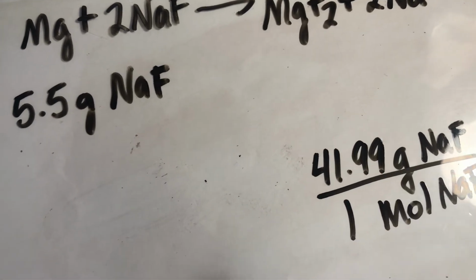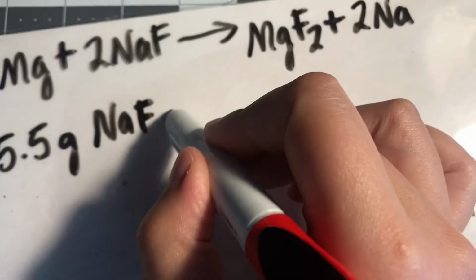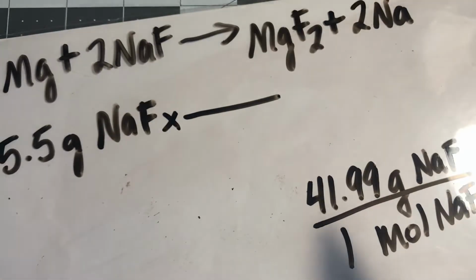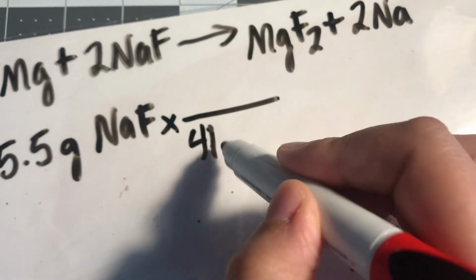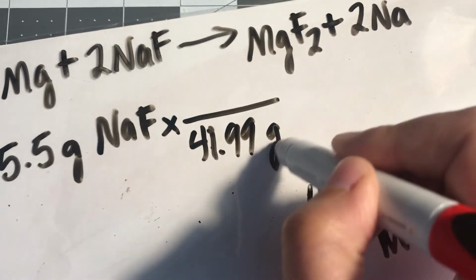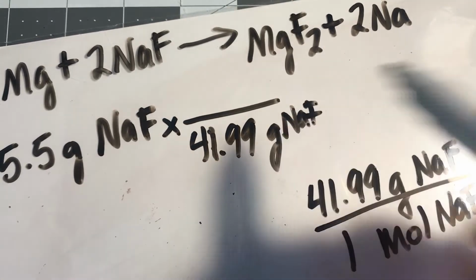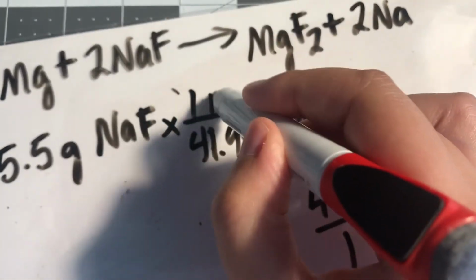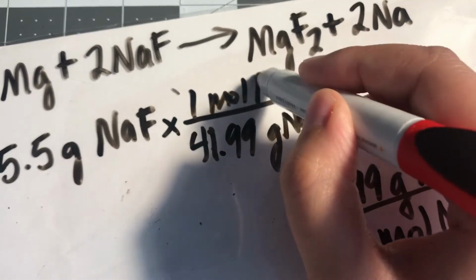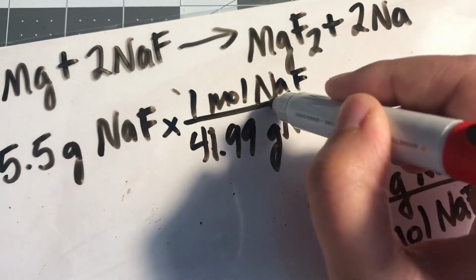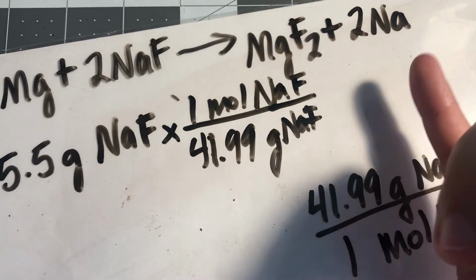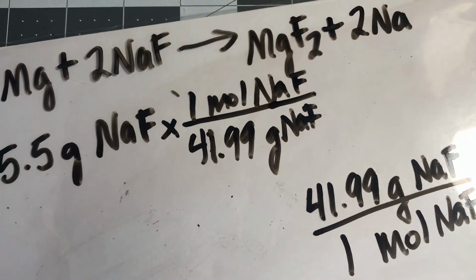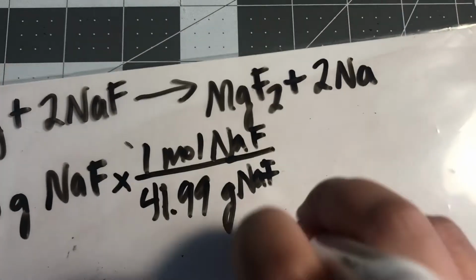And how we do that is by putting our grammage into the denominator. So we have 41.99 grams of sodium fluoride for every 1 mole of sodium fluoride. And again, please label what moles or grams of what substance you're talking about, because things can get real hairy real quick, okay?